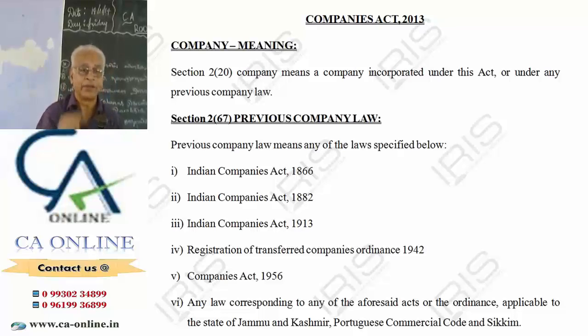The tribunal, after giving an opportunity to the company, even though the company is incorporated and is a going concern, after going into its transactions, if it finds there is ground for action, has the power to direct the company, in public interest as well as in the interest of the company, to regulate the memorandum of association and articles of association, that means change the memorandum, change the articles, change the board of directors, or make the liability of members unlimited, or the company should be wound up, or any other action, decision or direction that the tribunal may deem fit in those circumstances.